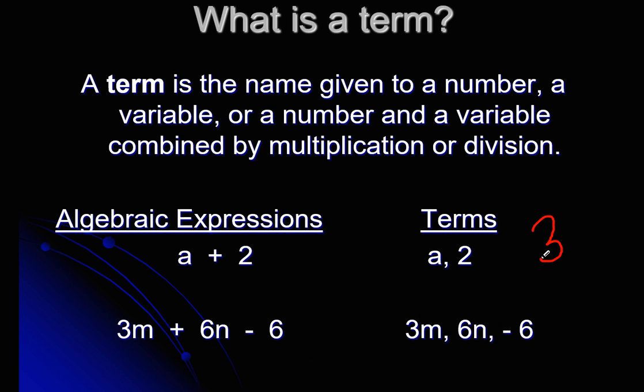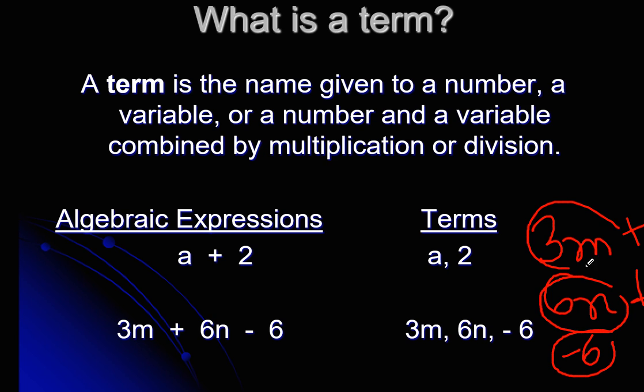When we add terms together to get a complete expression, 3m is the first term, 6n is the second term, and the third term is minus 6. Minus 6 is the term itself, because if you don't write it that way, you will not get minus 6 at the end. In between the terms we combine them to get the expression, so we keep on adding.